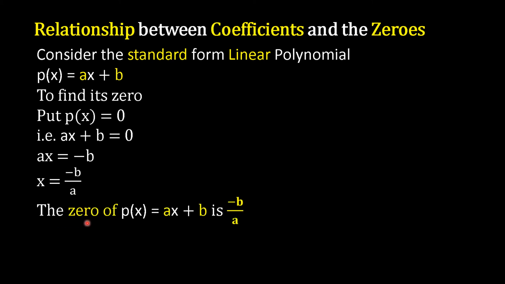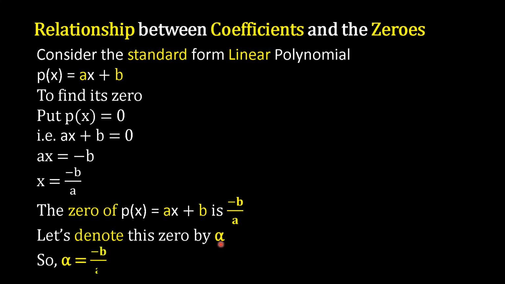So the zero of this linear polynomial p(x) = ax + b will be -b/a. Let us denote this zero by alpha. So alpha is -b/a.